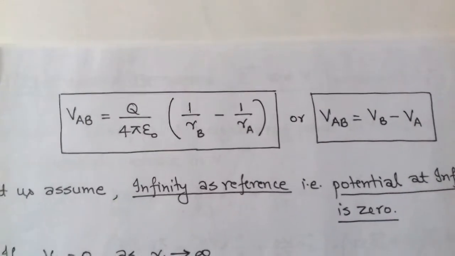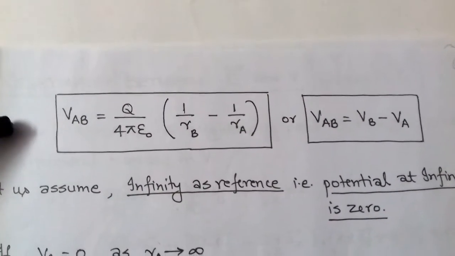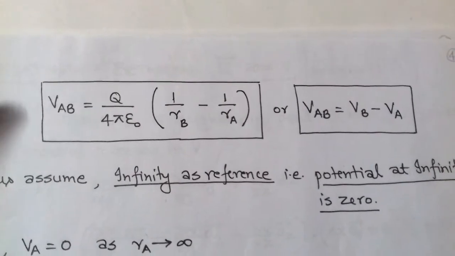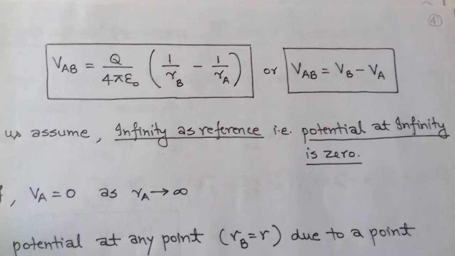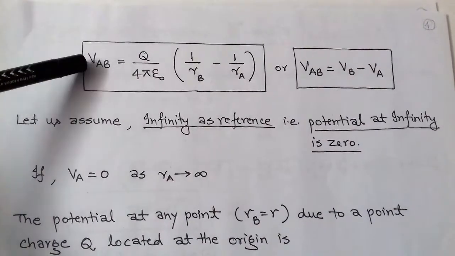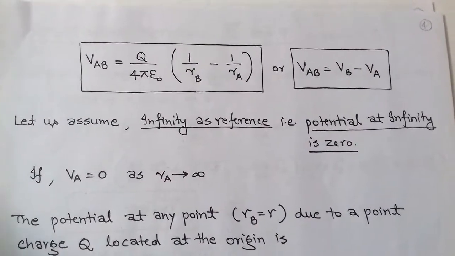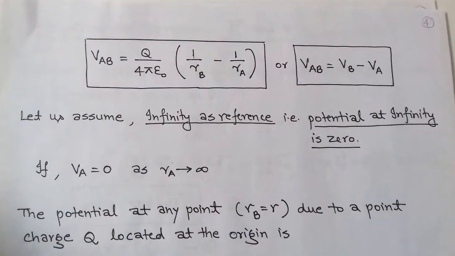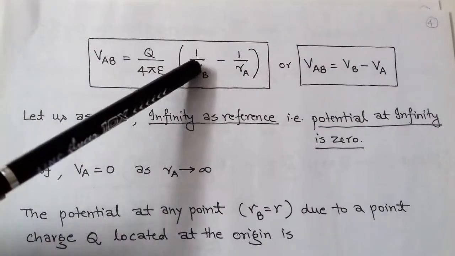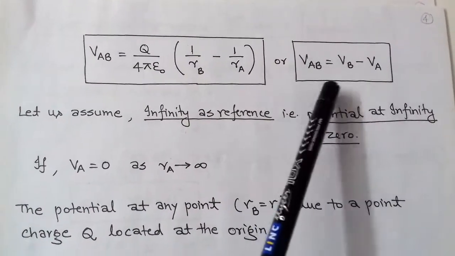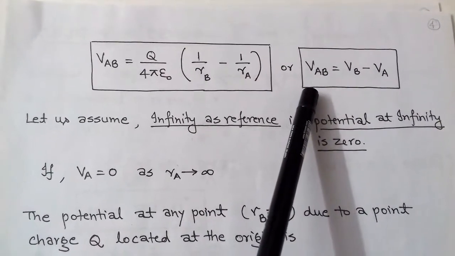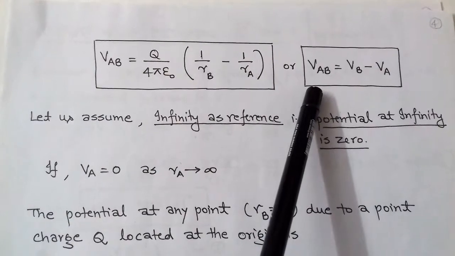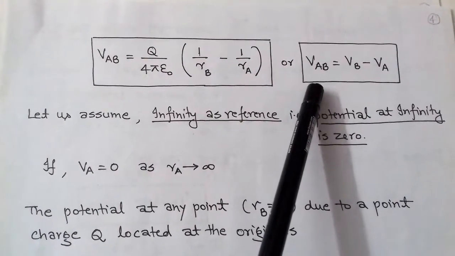Now, after calculating this integration, we get the potential difference, that is Q upon 4 pi epsilon naught within brackets 1 upon RB minus 1 upon RA. So this is the potential difference due to a point charge Q while moving from point A to point B.